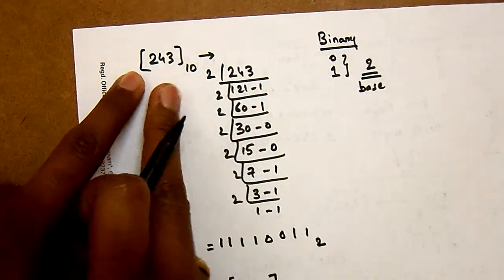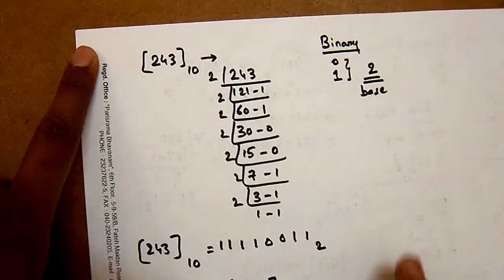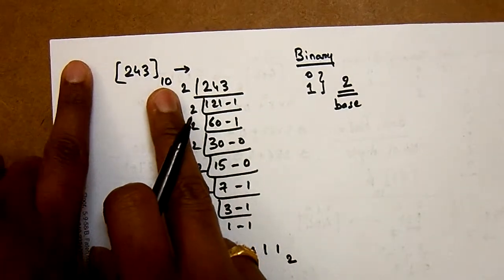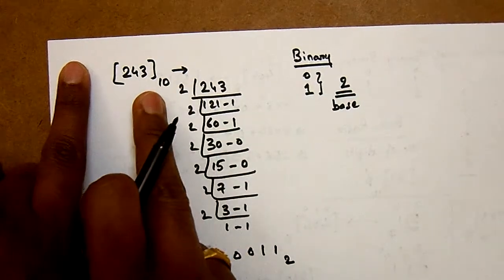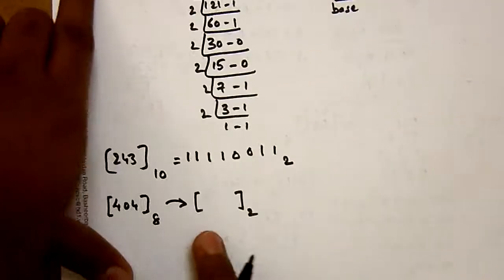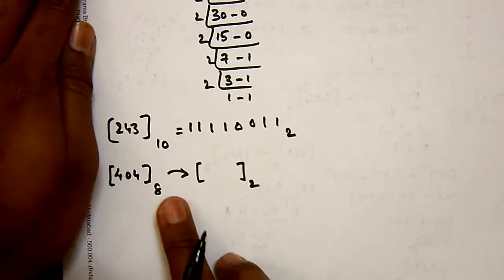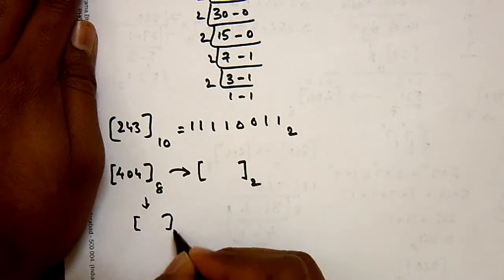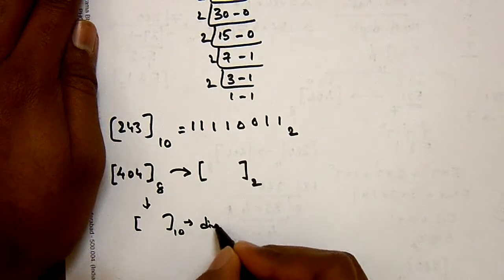Just because in the previous example this was in decimal, we converted directly into binary. Because this is in a different base representation, we have to convert to an equivalent base 10 and then divide.